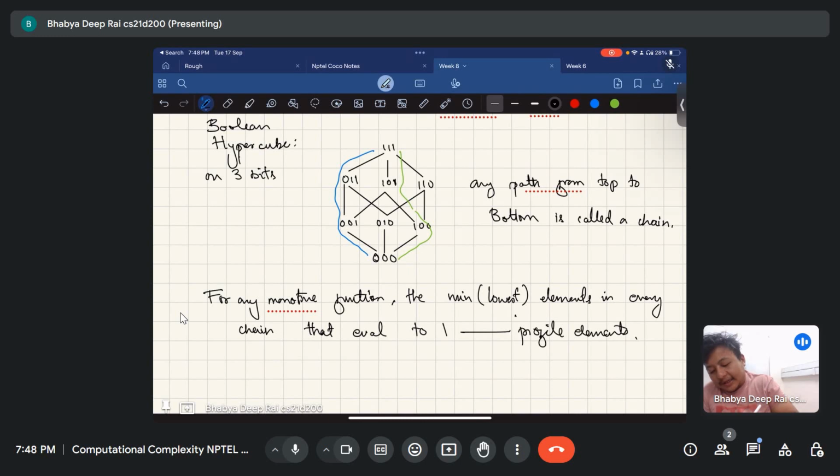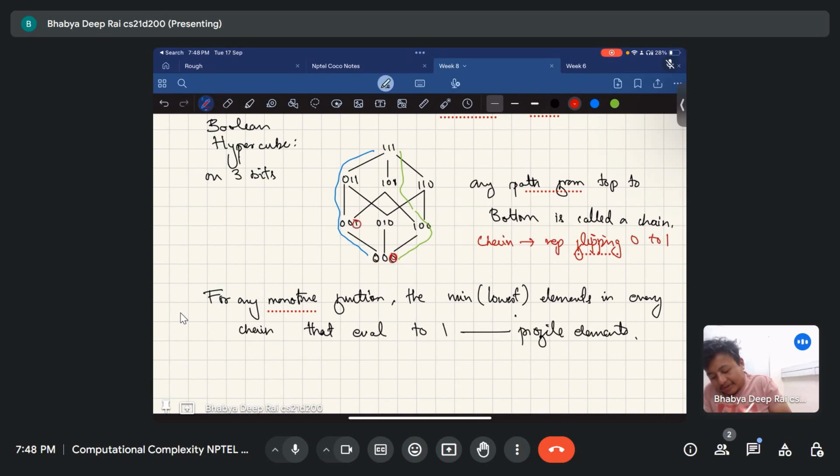How? Any chain actually represents flipping a 0 to 1. Here it's 0 0 0. In this blue chain, if I go up, I'm flipping the final bit to a 1.